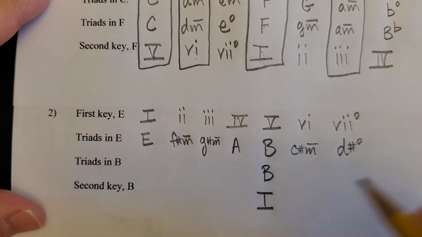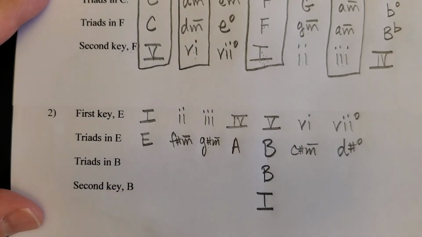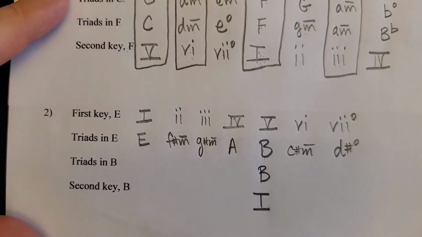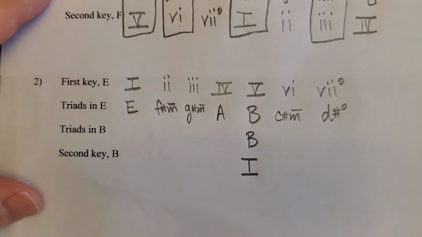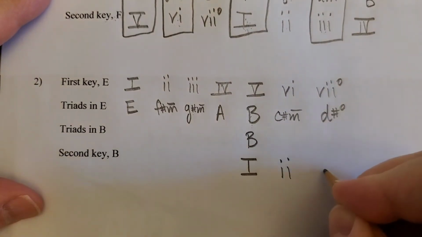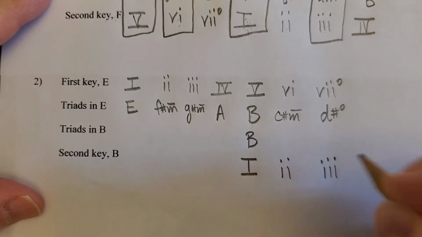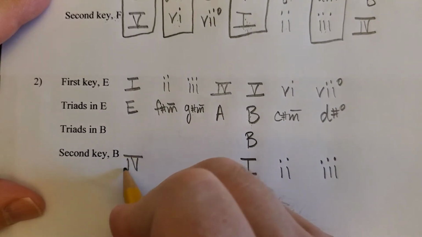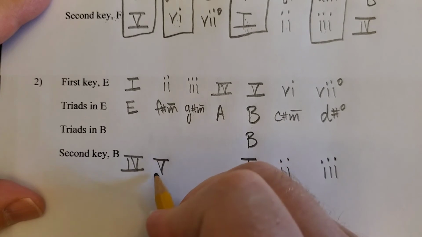So you want to line up alike letter names, and then we're going to see if they're the same quality. If the chords are the same quality, then we know that we've found a possible common chord between the two keys. All right, I'm going to sketch in the Roman numerals first, and then I'll go back and put in the pop chord or lead sheet symbols.